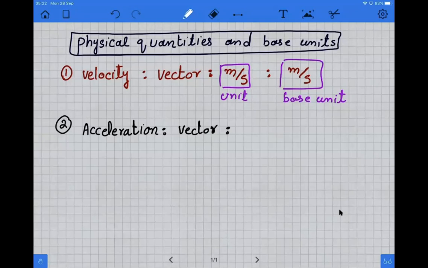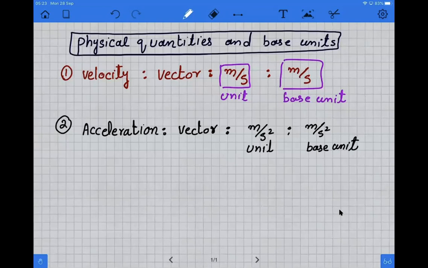Its unit is meter per second square, and its base unit is also meter per second square. So the unit of acceleration is meter per second square, and the base unit is also meter per second square. This is the second quantity, acceleration.